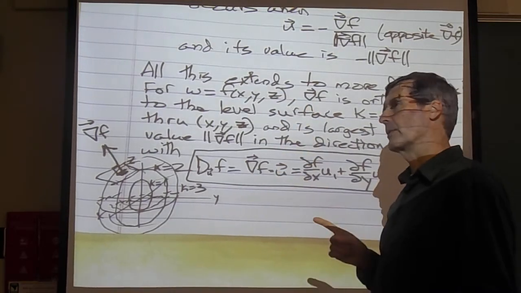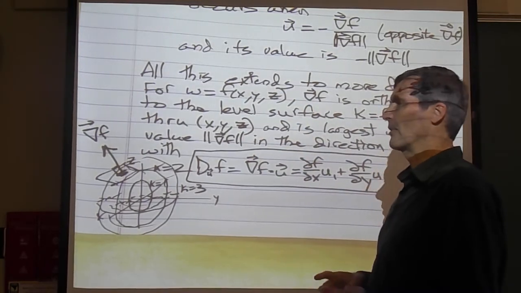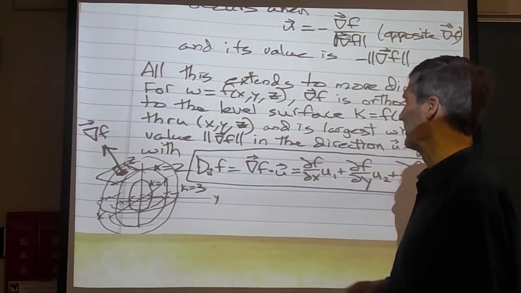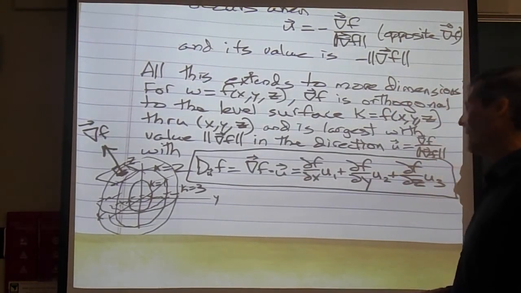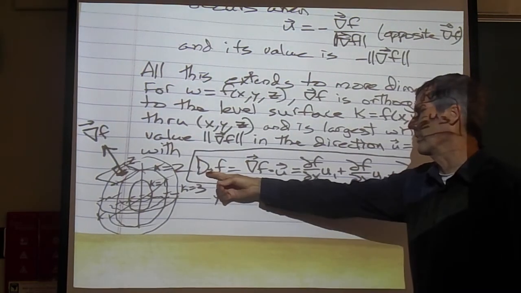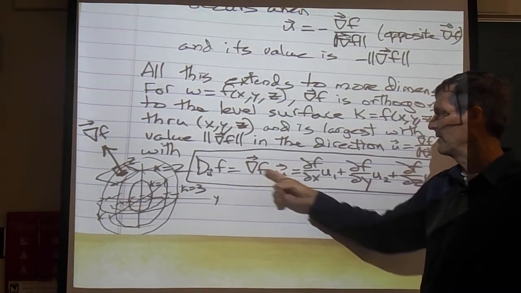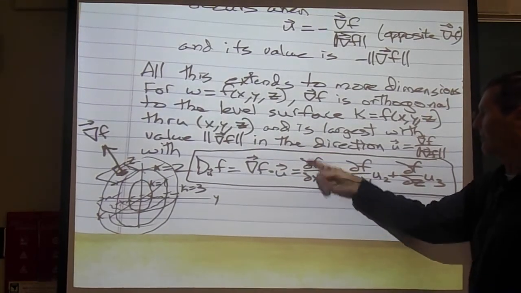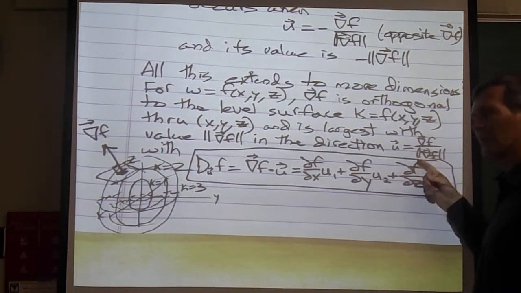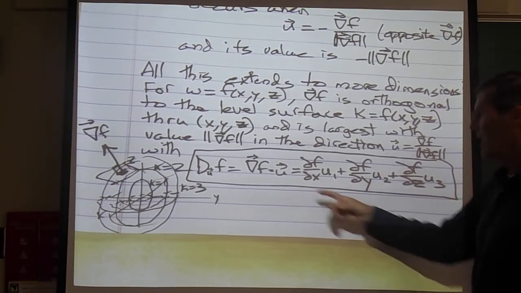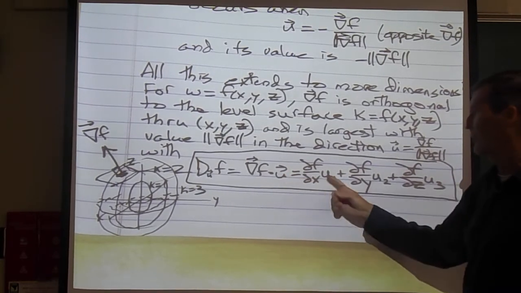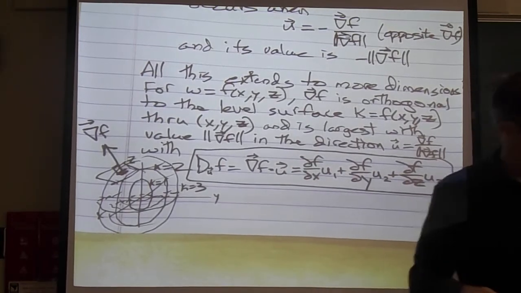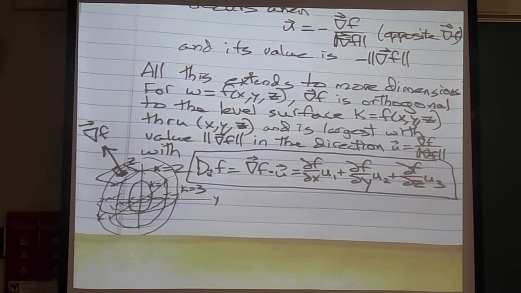You want to know what's the direction in which I move to make the electric field increase as rapidly as possible? Well, you take the gradient direction. And again, the directional derivative has the same formula, gradient of f dot u. It's just got three components now. The gradient has three components, df dx, df dy, df dz. It's a vector of three partial derivatives. And when you dot it with a vector in three dimensions, u1, u2, u3, this becomes the directional derivative in three dimensions. So we can do one more problem like that.